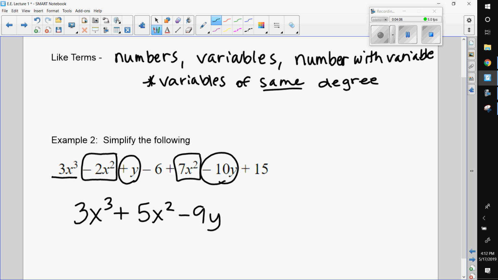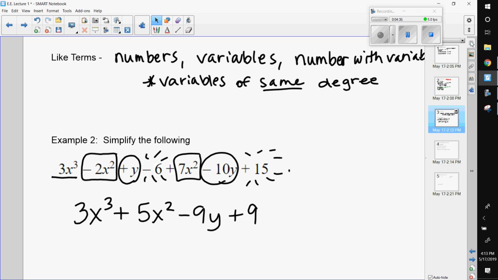And lastly, I see just my numerical values, and I'm going to put those together to get minus 6, so 9, so plus 9 here. Okay, and you can do this. Feel free to box them and do whatever you need to do. If you don't need to and you can just cross them out, then go for that as well.